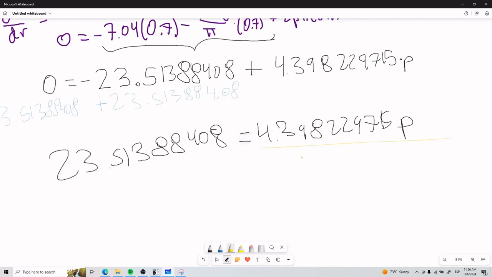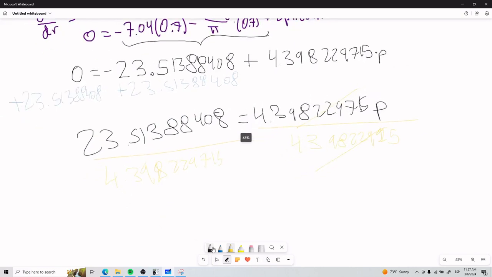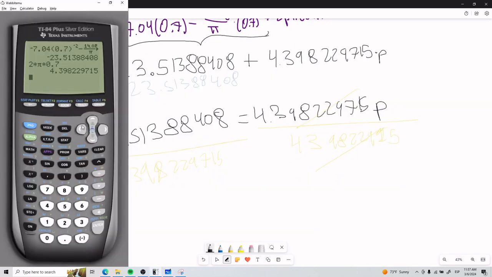I don't care, whatever. Here I can divide because it's being multiplied. So this goes away with this. Here I divide the 23 by this long number. And so p equals this. See, so p equals this 23, well, positive, right?